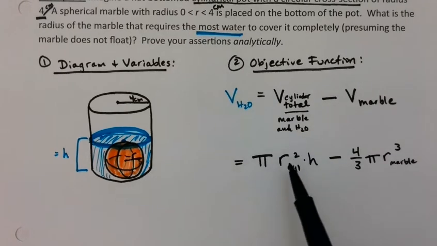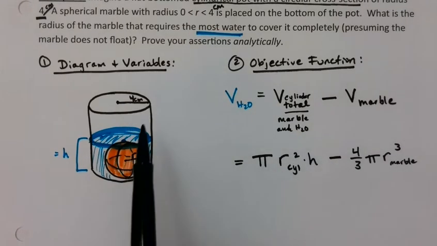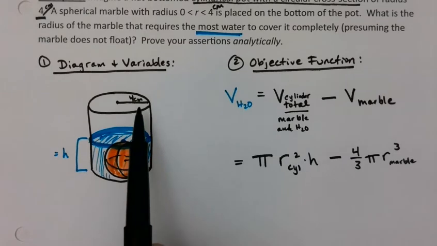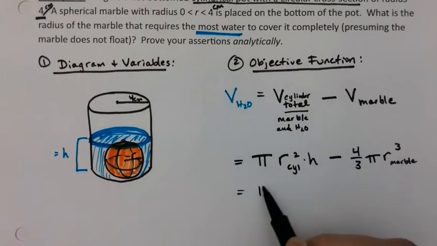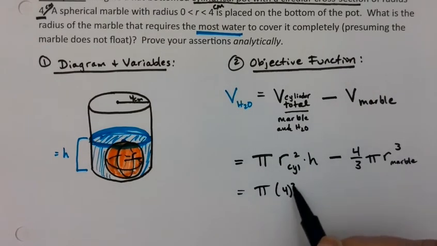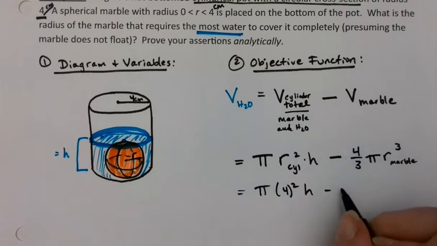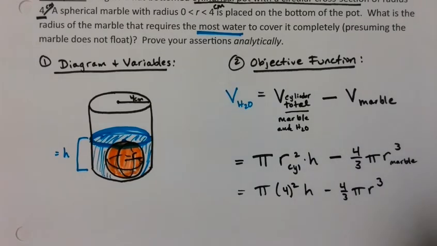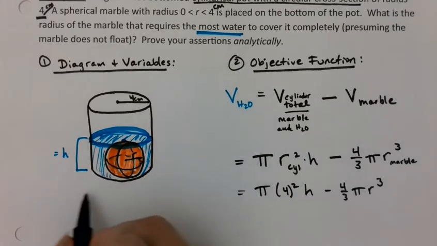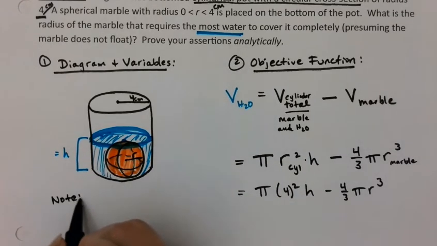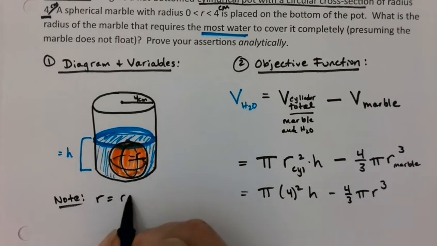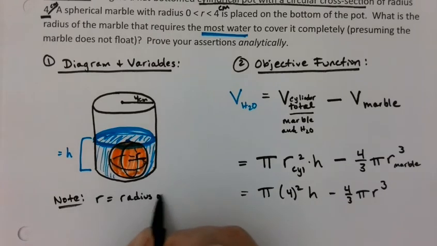Now the cylinder, but see, that cylinder is not changing. The radius of the cylinder is 4, so this is really pi times 4 squared h minus 4/3 pi r cubed. Right, there's the r that we're actually looking at. So note r equals the radius of the marble.